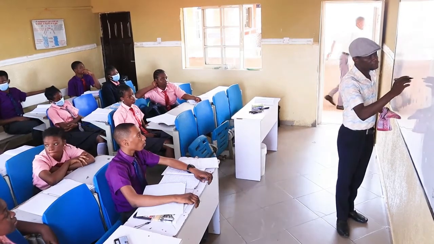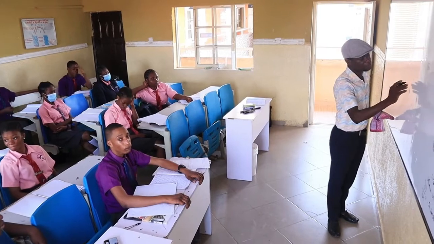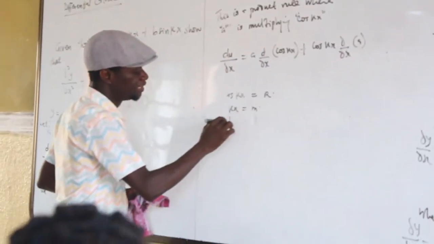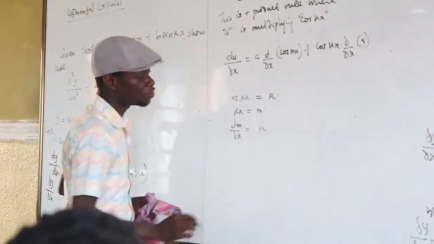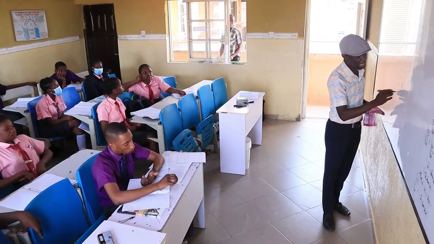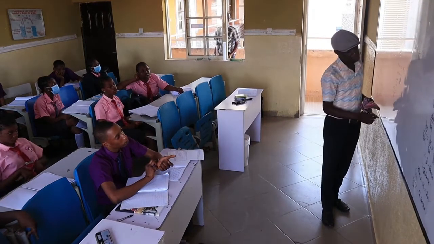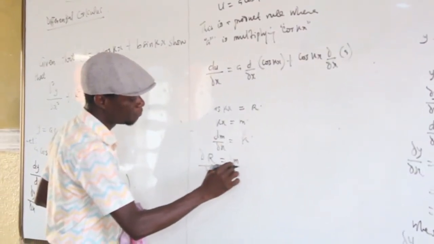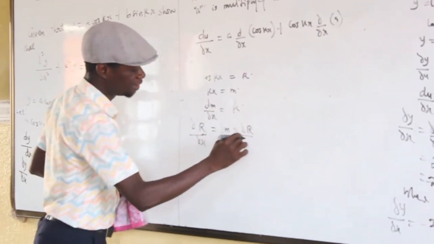So for this, let us say, let kx be equal to n. Then dn/dx is equal to what? k. Is that not so? And our r is equal to what? dr/dx is going to be equal to dn/dx times dr/dn.